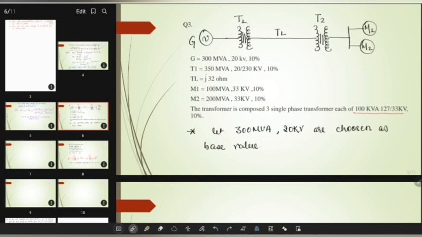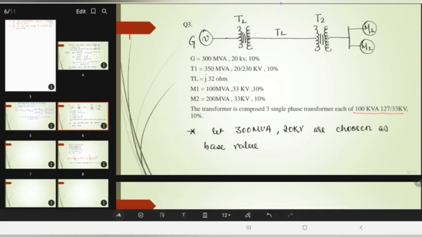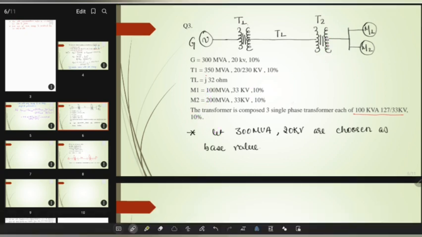Here they have given the rating of transformer T1, but they have not mentioned the rating of transformer T2. I consider this rating for transformer T2. Why?